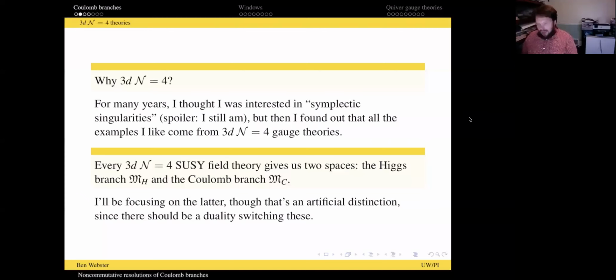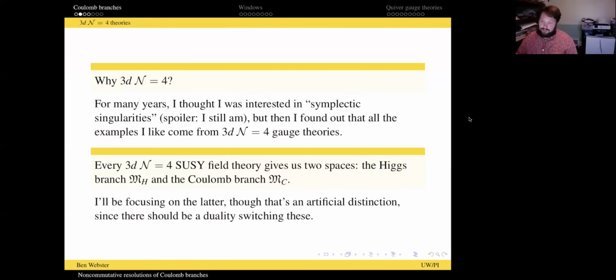And the way they come is that every 3D n=4 supersymmetric field theory gives me two natural spaces. It's Higgs branch and it's Coulomb branch. And those spaces, in cases that interest me, turn out to be lots of different, very interesting varieties. In this talk, I'm mostly going to talk about the Coulomb branch, but that's a little bit of an artificial thing because there should be some duality on theory.